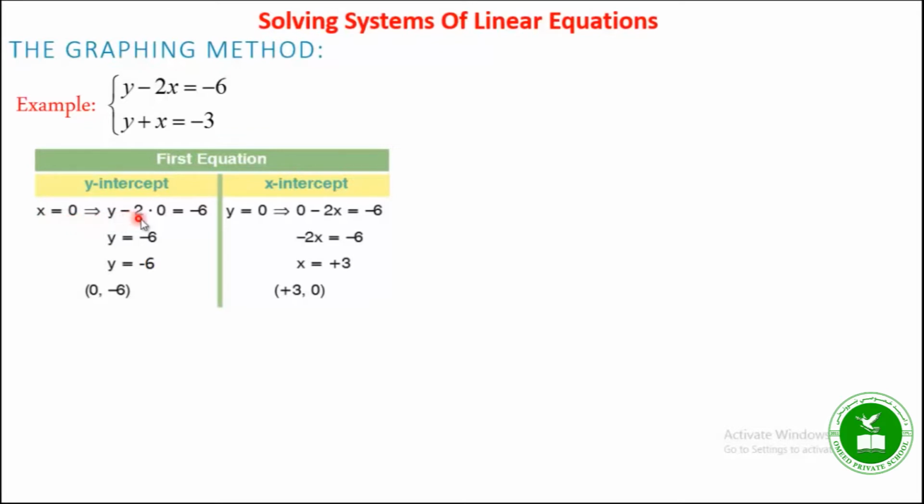Y minus 2 times 0, in place of x we put 0, is equal to minus 6. Y is equal to minus 6. So 0 and minus 6 is the ordered pair number 1.